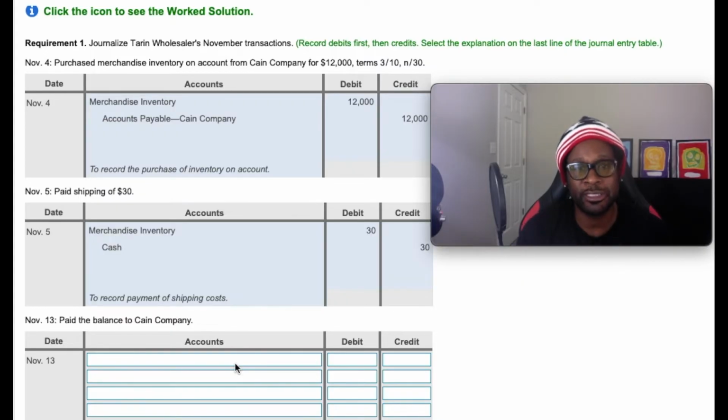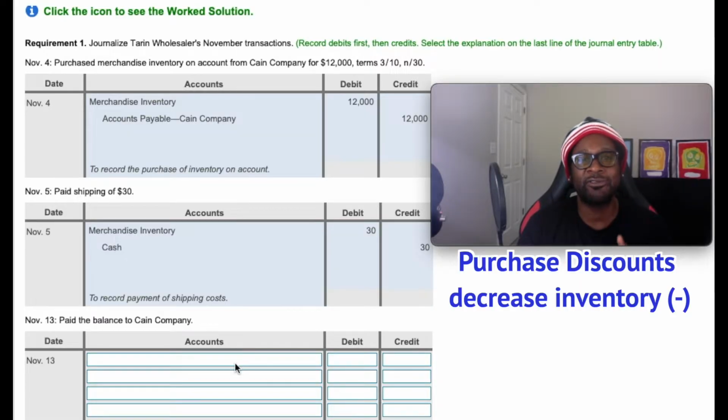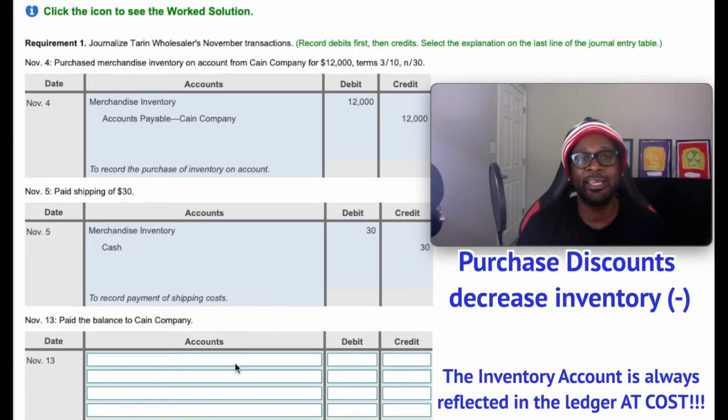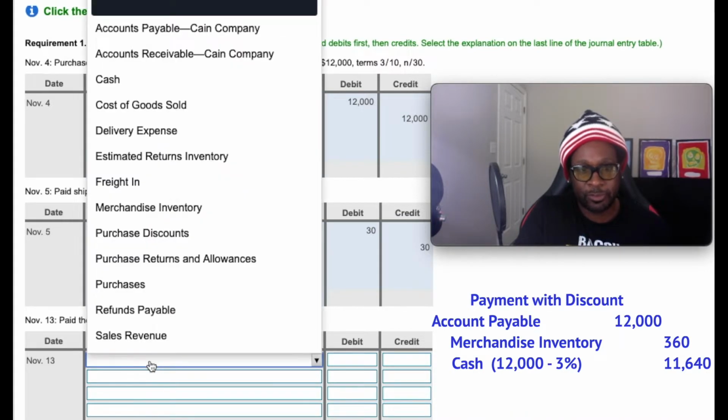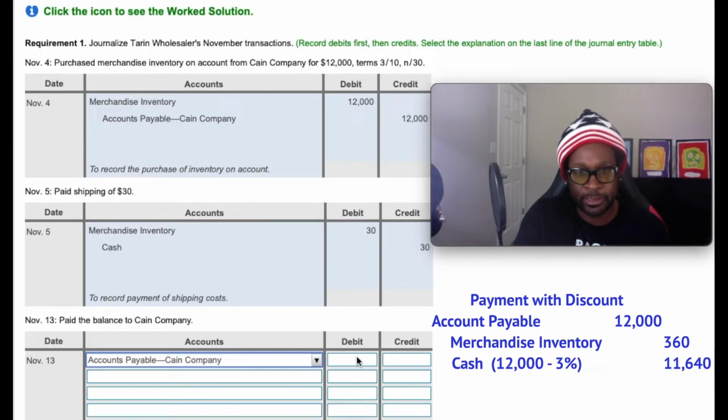Now here's the deal. When we're on the purchasing side and we are receiving discounts, ultimately discounts affect the cost of inventory. Why? Because we know that inventory is always on the books at cost, gang. Thus, if we receive a discount, that will reduce the cost of inventory. Therefore, we must also reduce the inventory on the books for that discounted amount. So, first things first, we're going to debit accounts payable because it's a payment for the gross amount of $12,000.